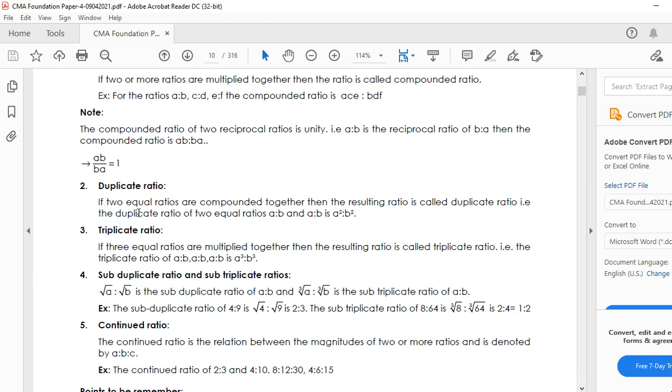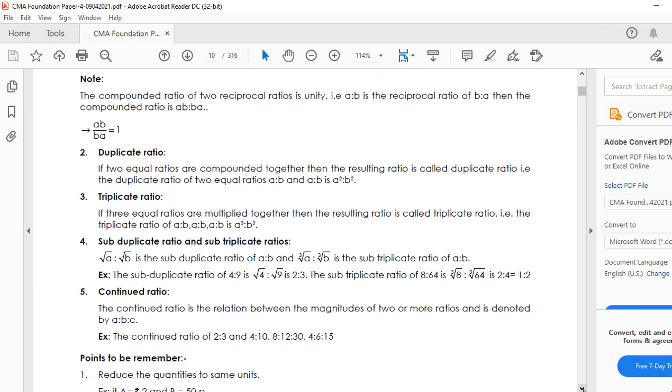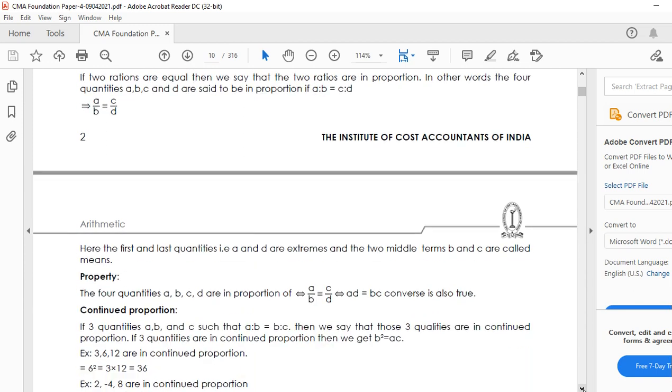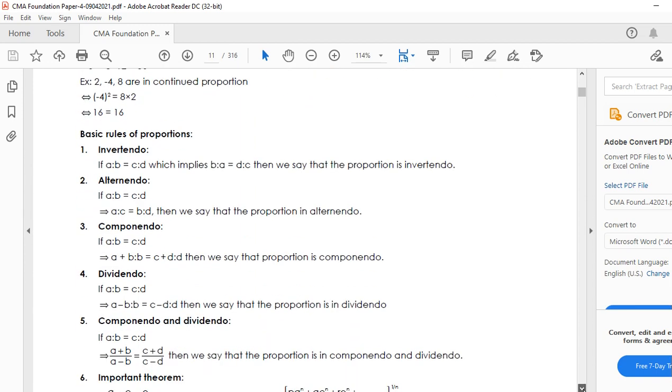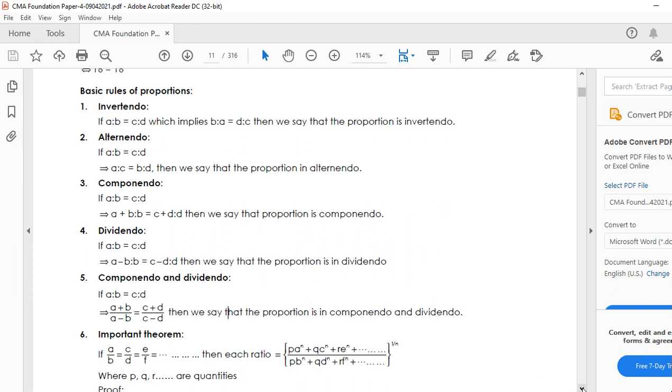What is duplicate ratio, what is triplicate ratio, then subduplicate ratio, compound ratio, and then something very important is the basic rule of proportion, which is this 5 6 rule. So first is invertendo, alternando, componendo, dividendo, componendo and dividendo, and then there is a theorem on ratio and proportion. So you can go through this.